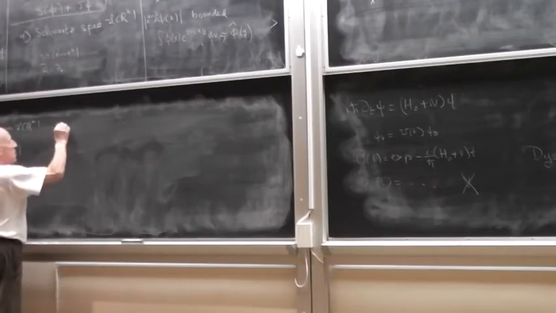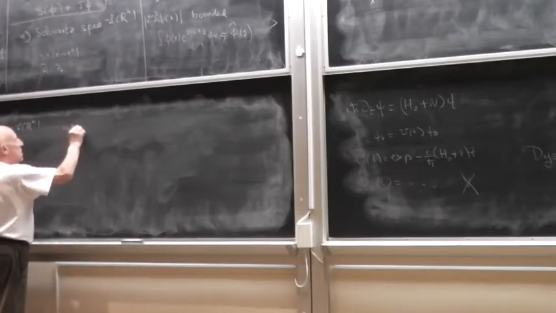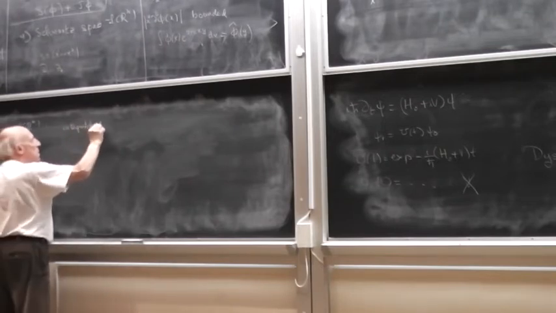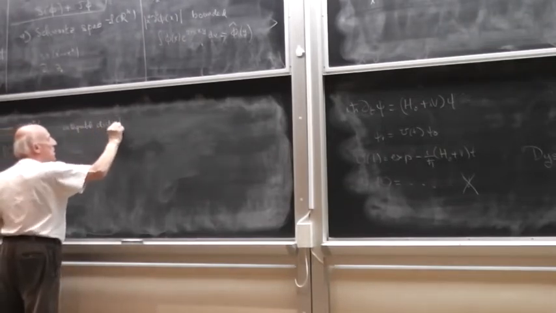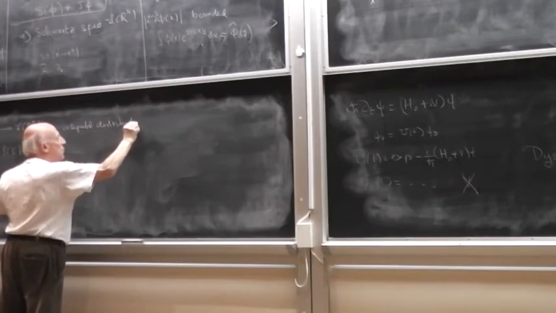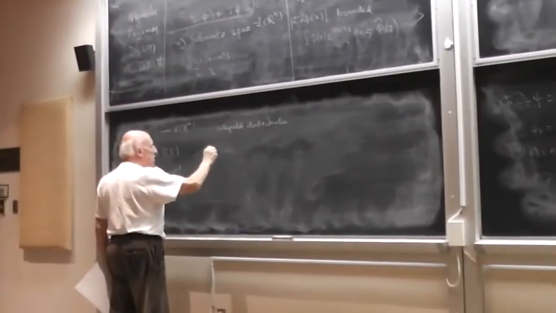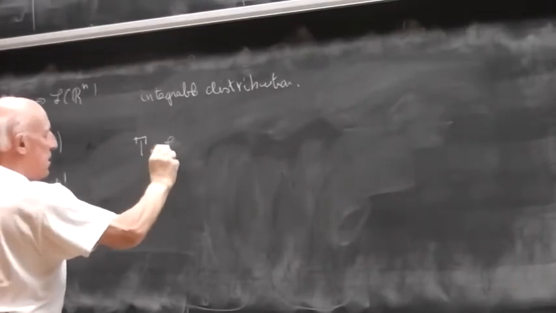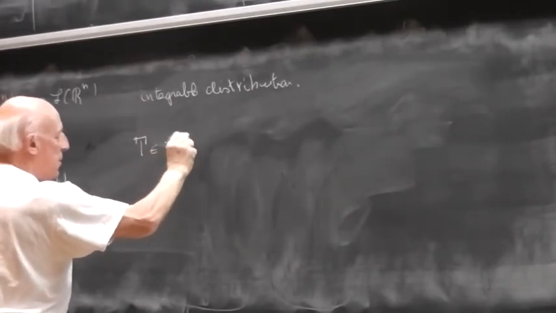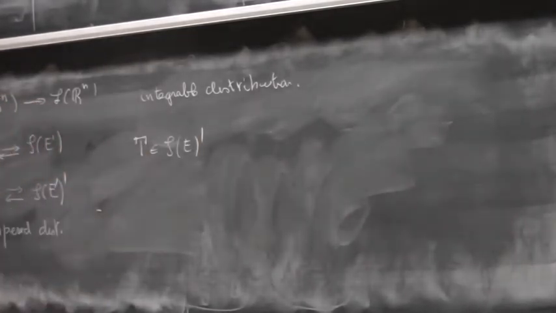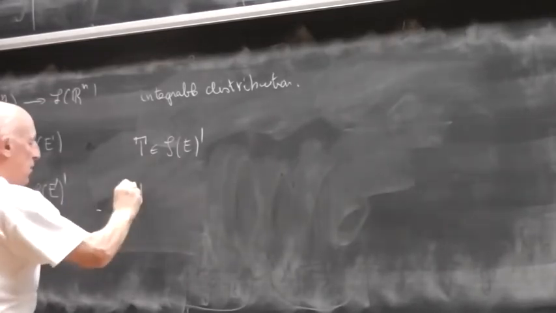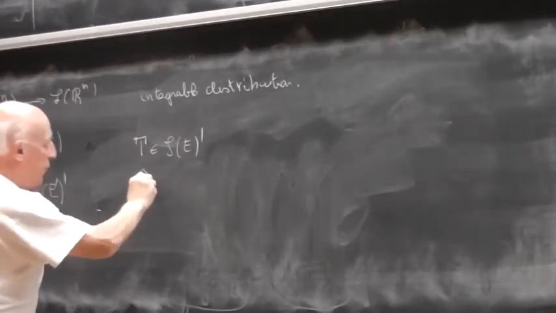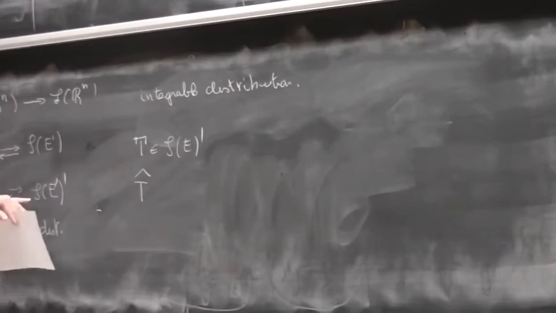An integrable distribution is defined as follows. I take a distribution T in S prime of E prime, a tempered distribution. I define its Fourier transform T hat, which is a tempered distribution on E prime.